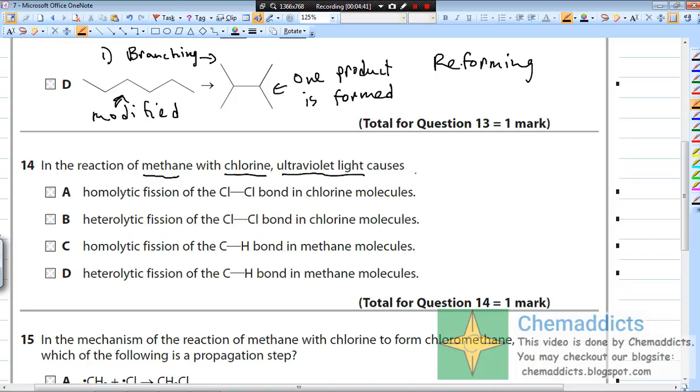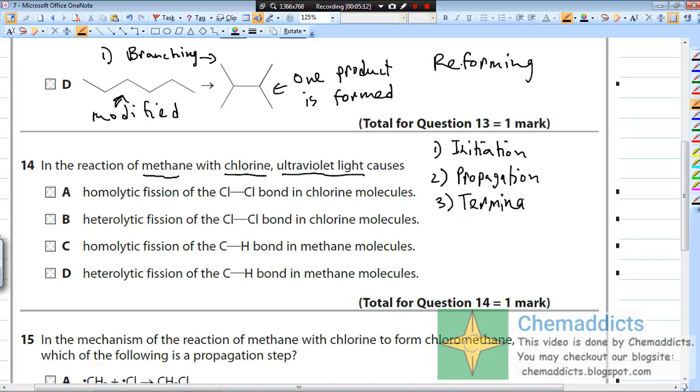Well fellas, in this reaction between methane and chlorine, there are several steps. The first step is initiation, then propagation, then termination, which is the final step of this mechanism.